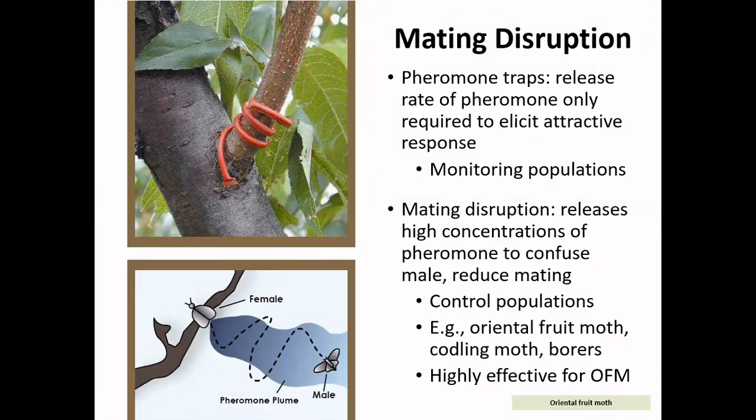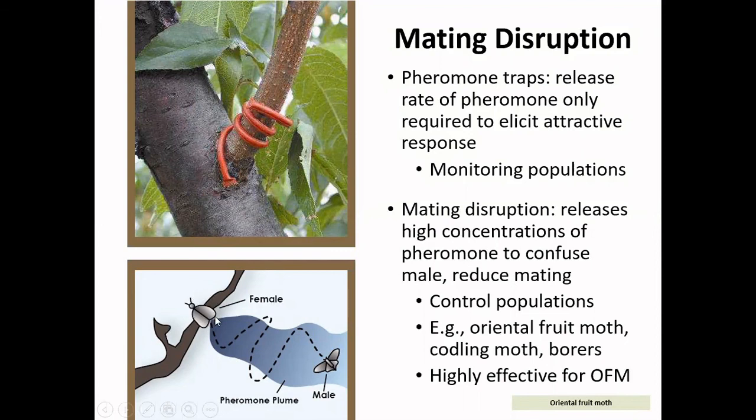The other thing that I've mentioned a number of times is the use of pheromones. And so these, in most cases, are often a sex pheromone produced by the female to attract a male, but there are some pheromone lures that have been developed that make use of other types of pheromones like aggregation pheromones. But I have down in the bottom corner here an example of what happens in nature.